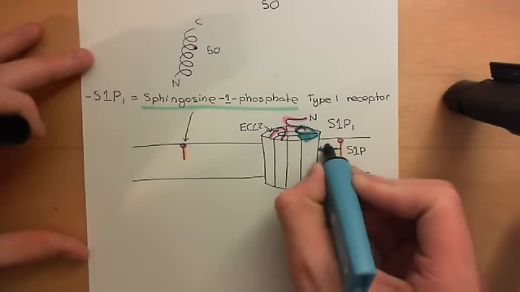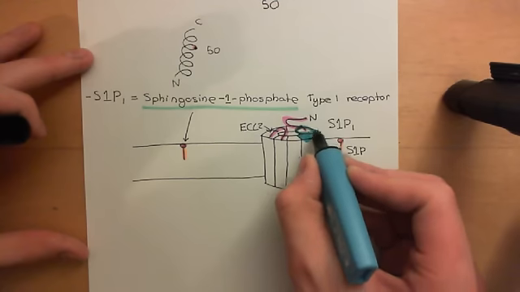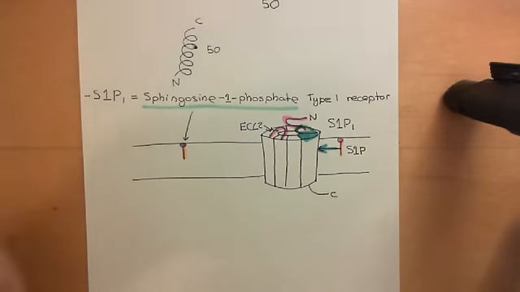Okay, so it will enter through a gap between the 1st and 7th membrane spanning alpha helix, and then it will bind in that ligand binding pocket basically, and then activate the sphingosine 1-phosphate type 1 receptor.